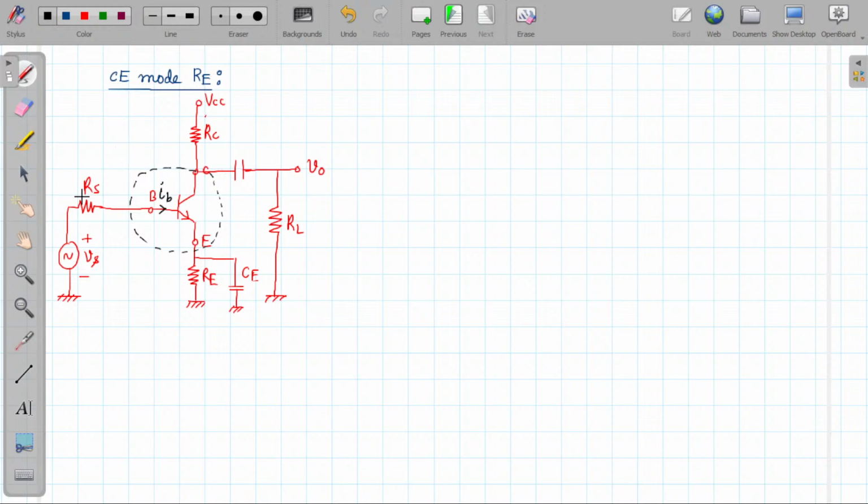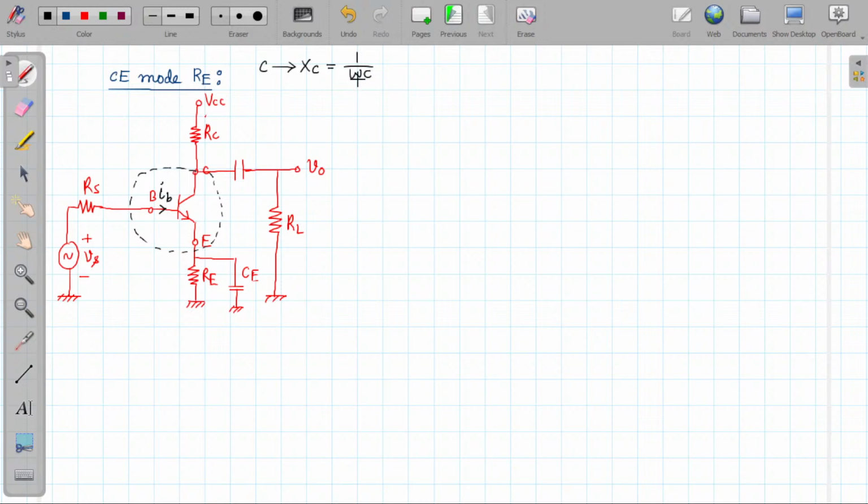In AC analysis, we make VCC ground and we treat the capacitors as follows. The reactance of the capacitor is XC equals 1 by omega C, and for AC analysis we take omega to be very high.